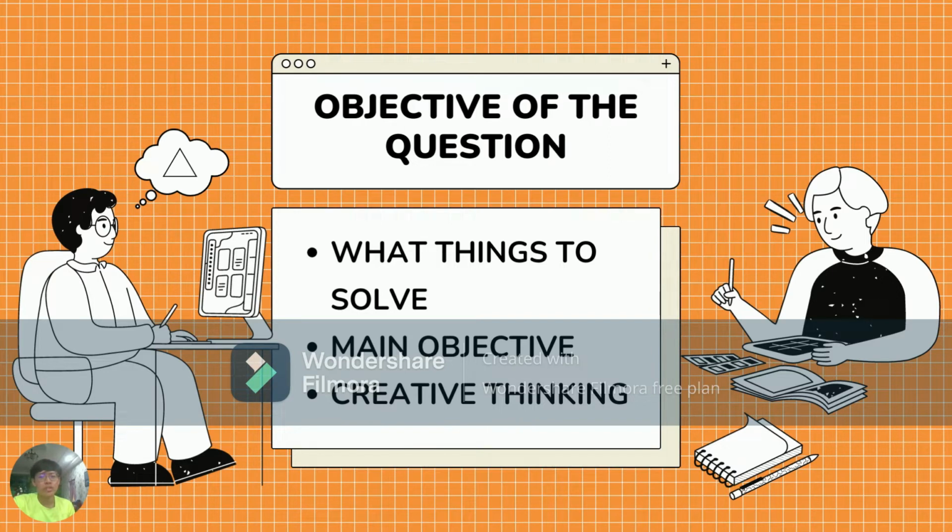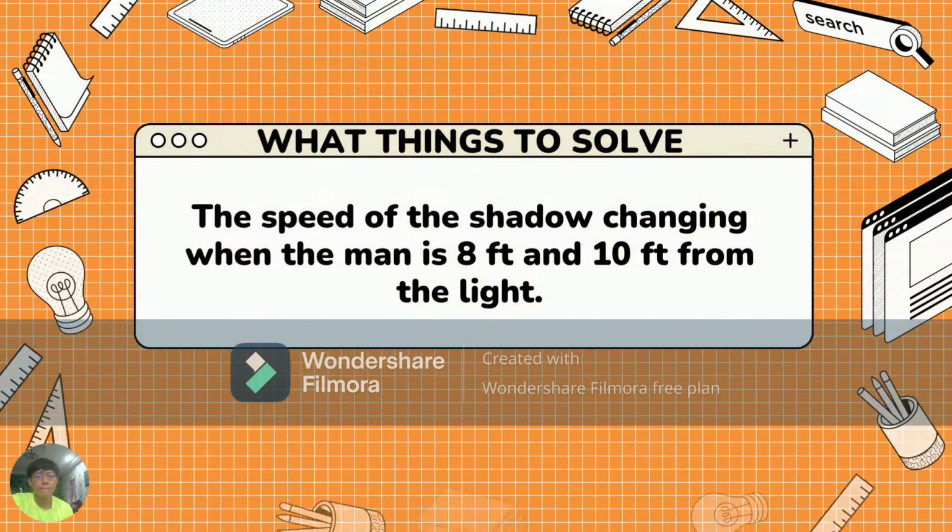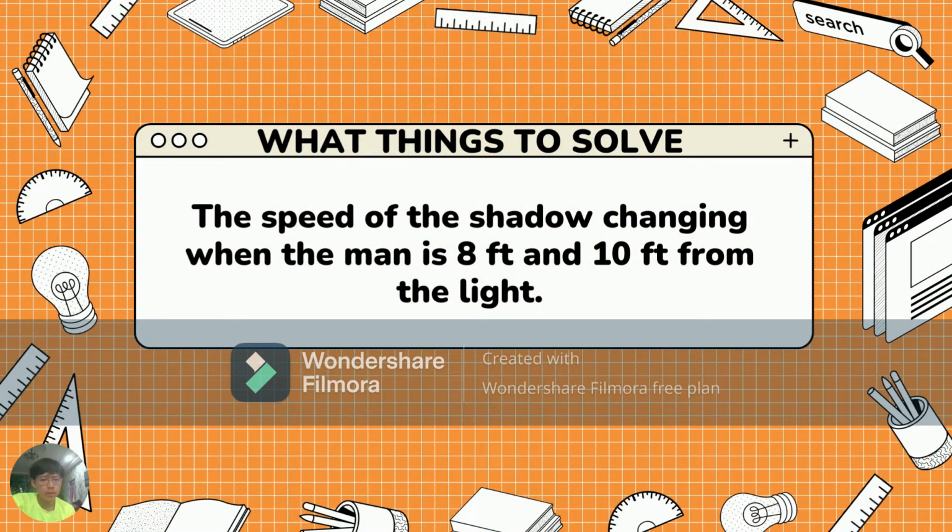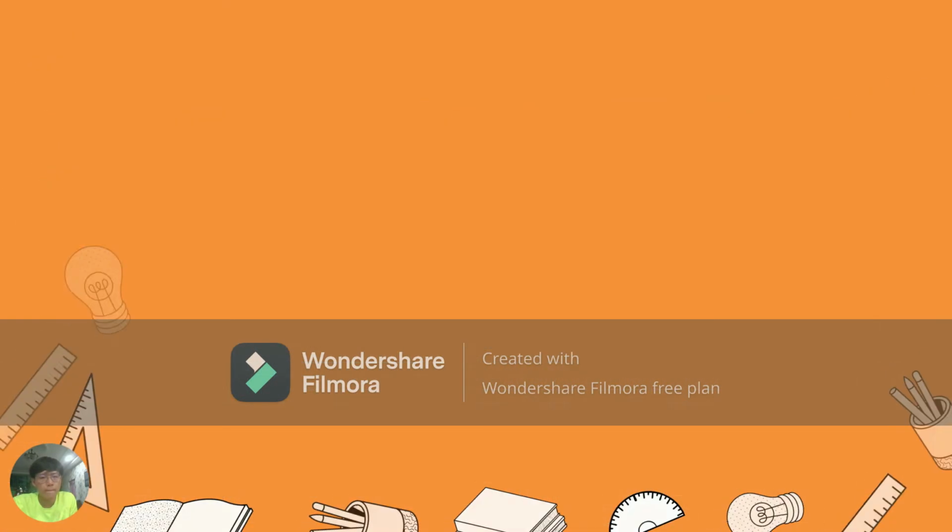Objective of the question. What things to solve? The speed of the shadow changing when the man is 8 feet and 10 feet from the light.